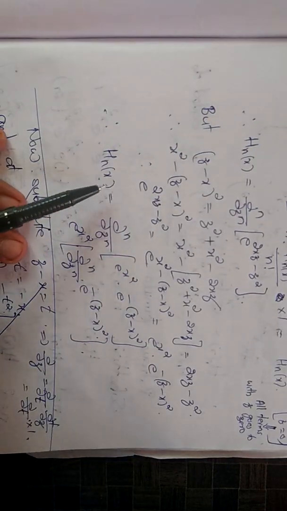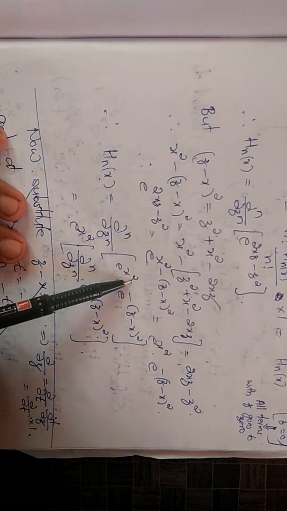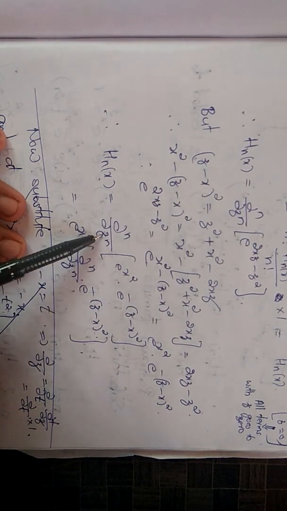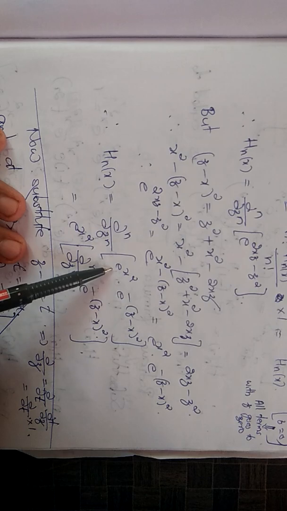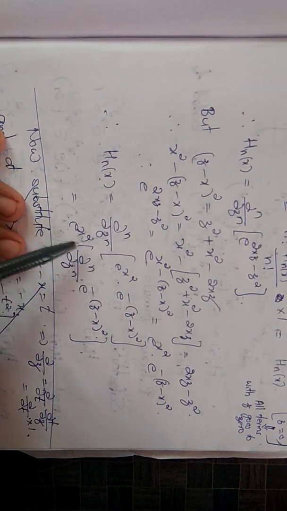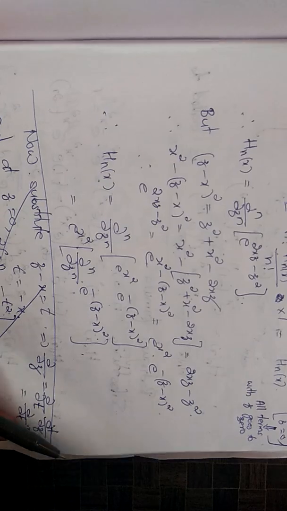So the function can be written as Hn(x) equal to ∂ⁿ/∂zⁿ of e raised to x² into e raised to minus of (z − x) whole square. Since the differentiation is with respect to z, we will take e raised to x² outside of the differentiation, so e raised to x² into ∂ⁿ/∂zⁿ of exponential minus of (z − x) whole square.